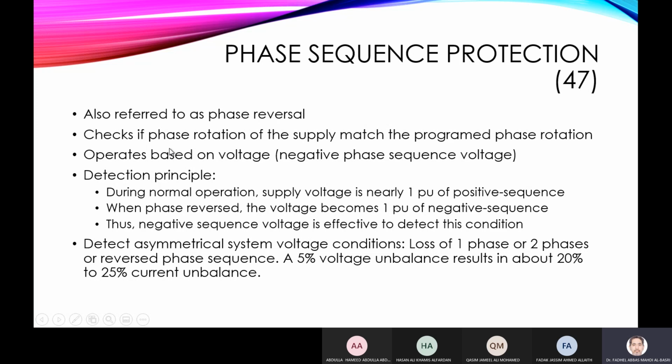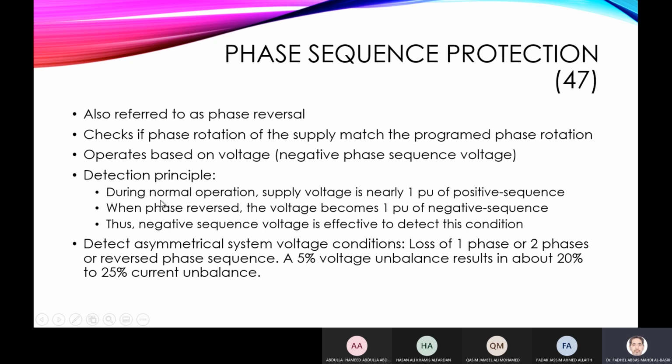So based on the voltage, you are now measuring the negative sequence voltage. So I need to have the VT. From the VT, I convert the three-phase voltages to sequence, and from the sequence, the negative sequence voltage, I check if the negative sequence is high. Then that's an indication of a phase reversal.